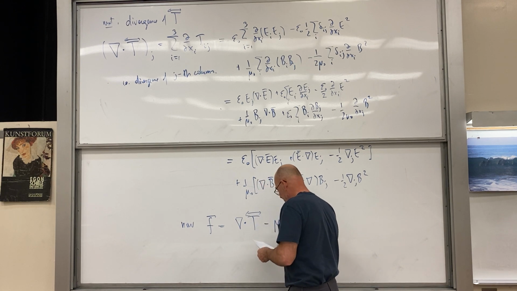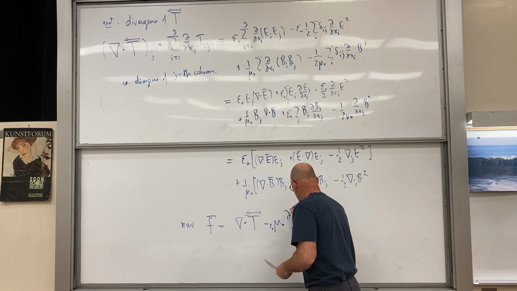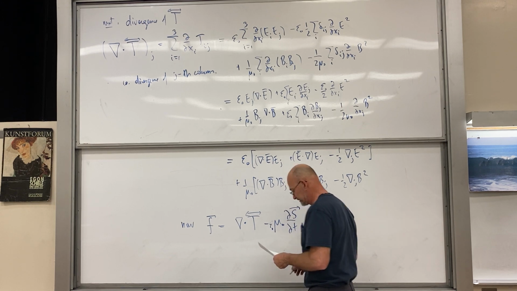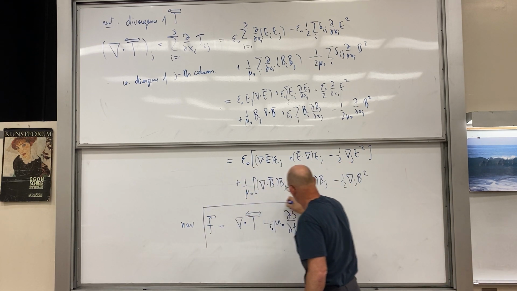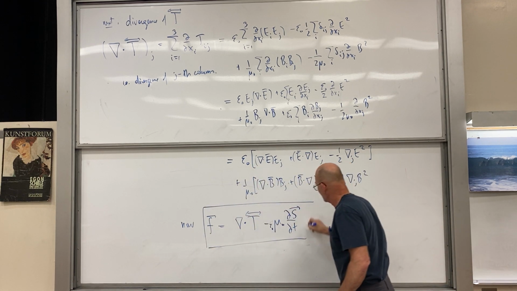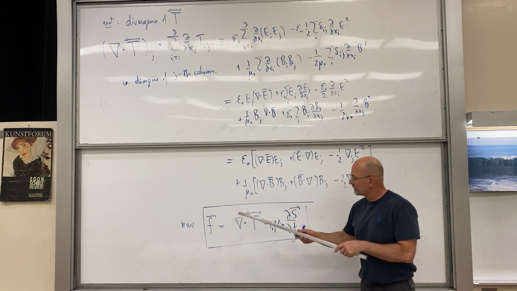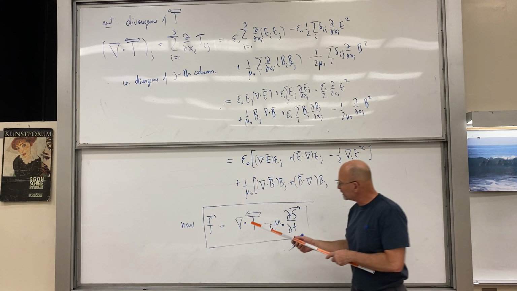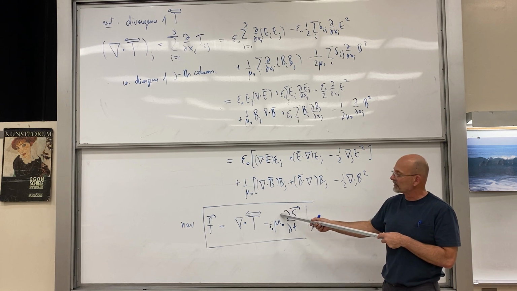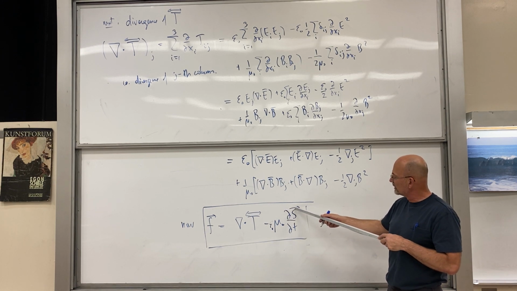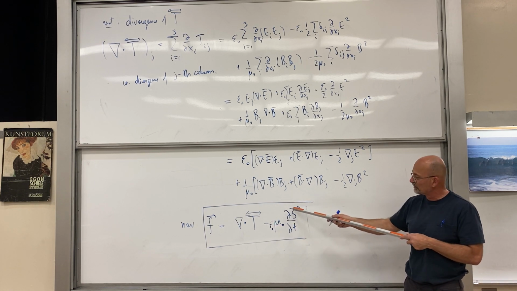And the remnant out there, epsilon naught, mu naught, you see from our Poynting vector. So that is a major simplification. Okay? The force per unit volume is a divergence of one thing, and then this Poynting vector of another. When we turn this into surface integrals, we're going to get that flux there that we had before.